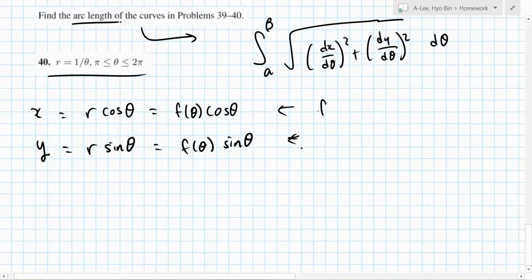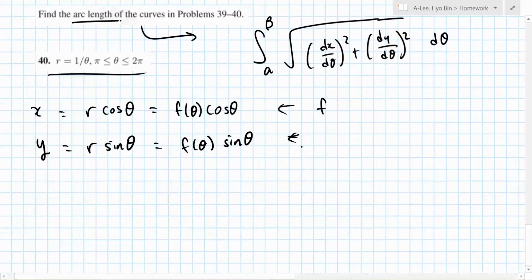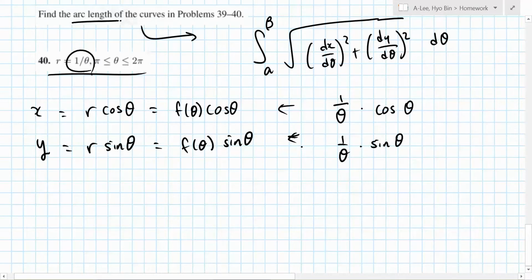Because it's been given that my r is 1 over theta here, I'll substitute 1 over theta times cosine of theta and 1 over theta times sine of theta, and those are my x and y values.